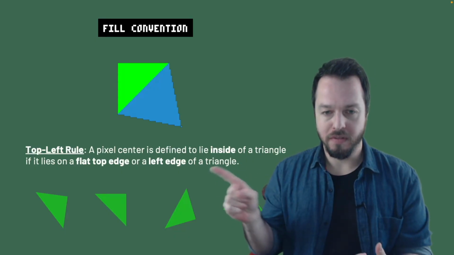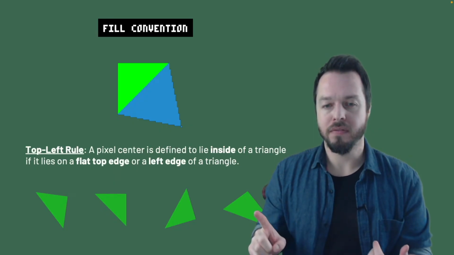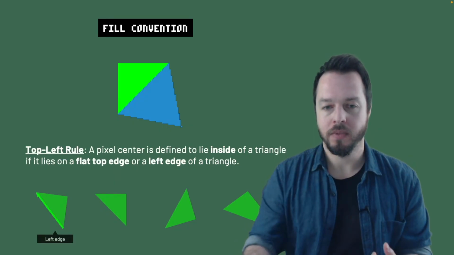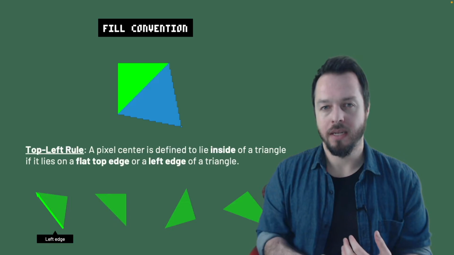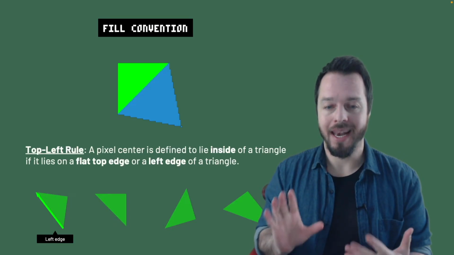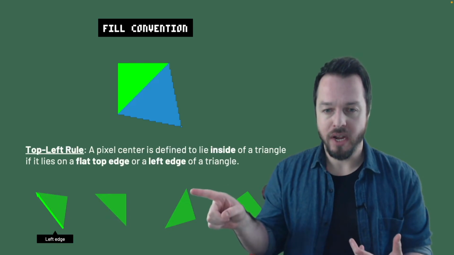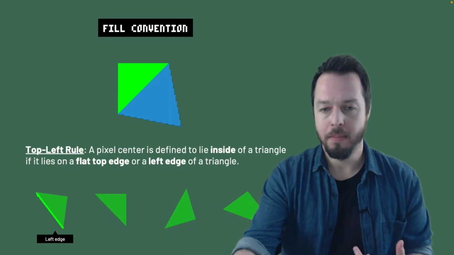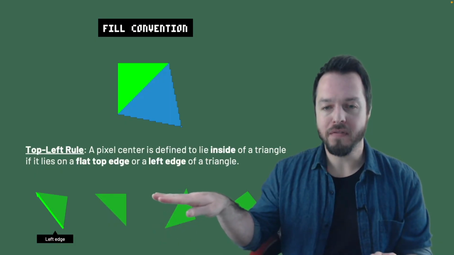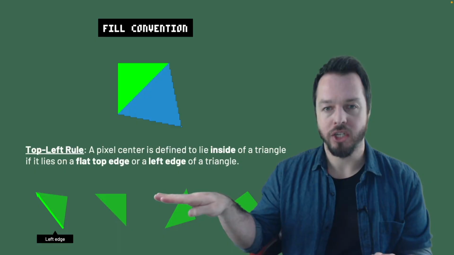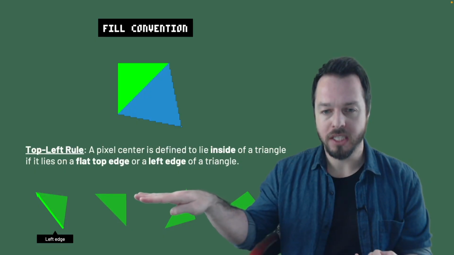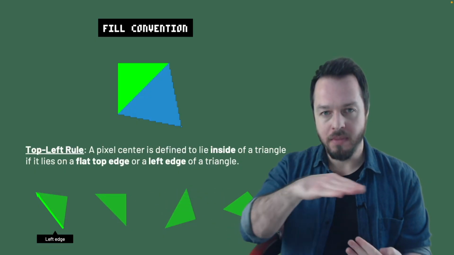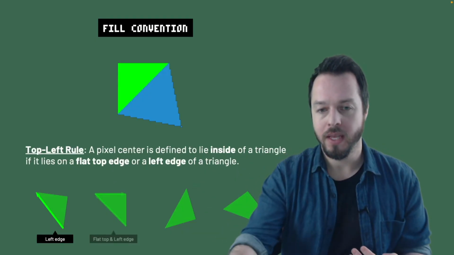So the first one on the far left, do you agree that we have one left edge, which is that one right there? That is what I'm talking about when I say a left edge. The second triangle also has a left edge, but also has something which is a perfectly flat top edge, where all the pixels of this top edge right here lie on the same vertical value, right?